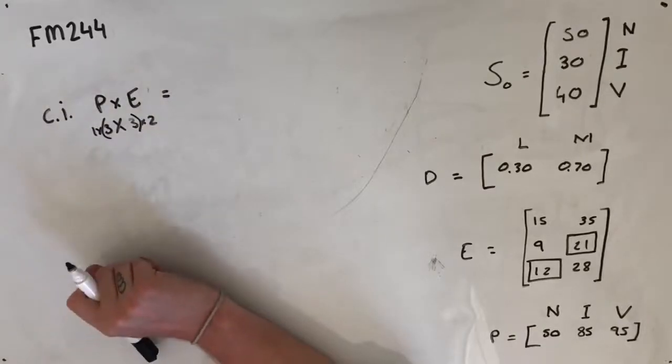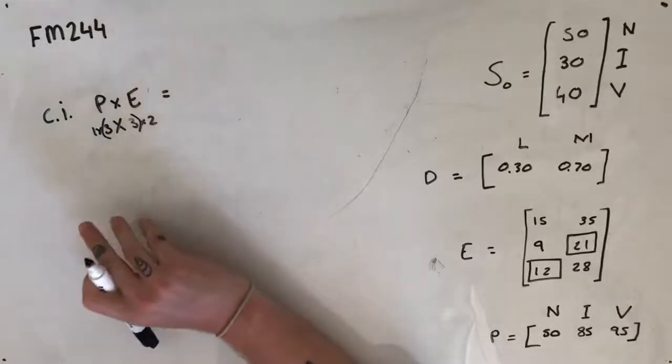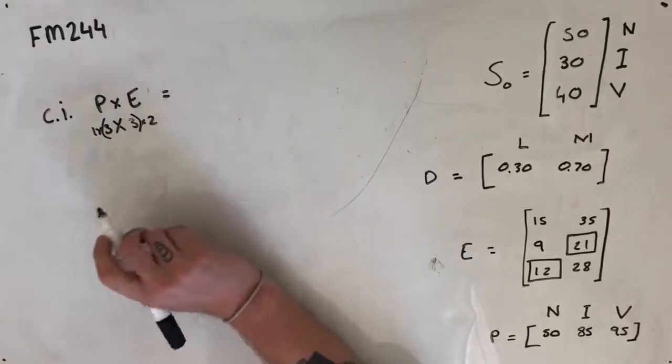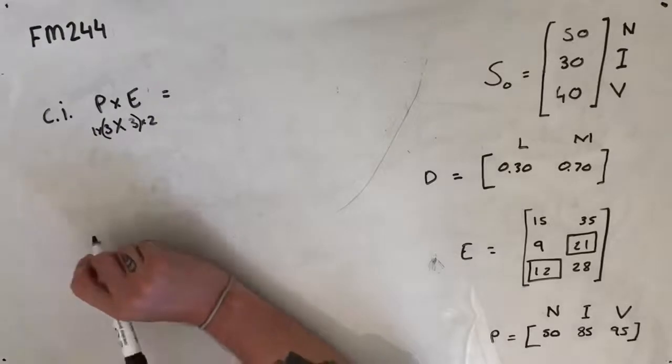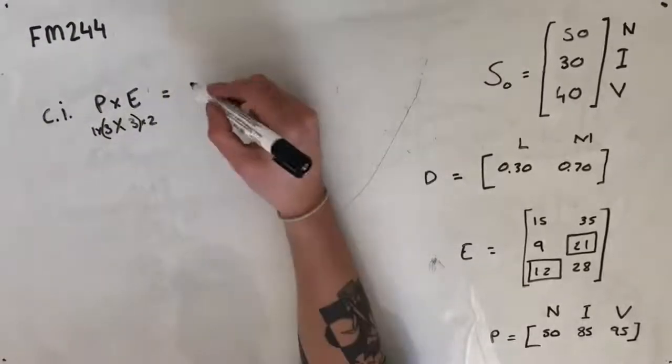Now, what we're looking for here are 2 numbers, one to see how much Leo is paid for each month, and one to see how much McLovin is paid for this month. So the fact that we're going to get an answer that is a 1 by 2 matrix is promising.